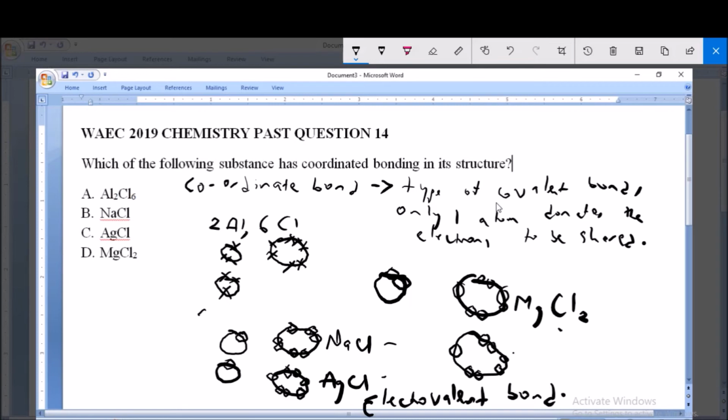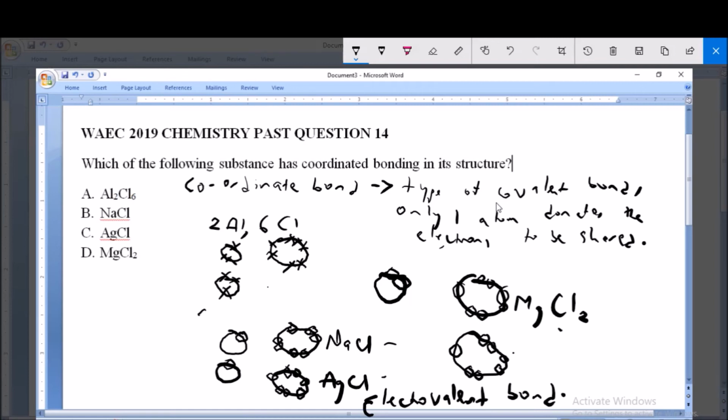Now, looking at this, the only one which is not an electrovalent bond is option A, which is aluminium chloride. In the aluminium chloride structure, the 2 aluminium atoms each give 1 electron to each of the 6 chlorine atoms, forming the product.